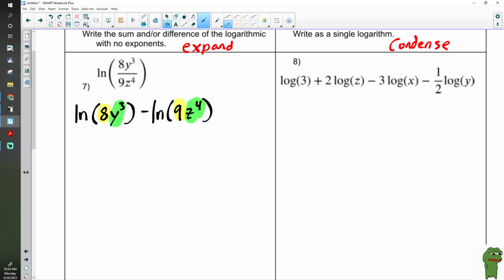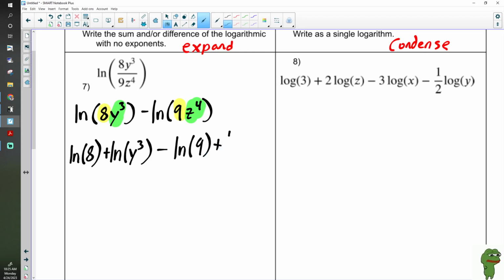When two things are being multiplied, do we add or subtract? Add. So the ln of 8 plus the ln of y to the third. Our minus is still there. Same exact thing. The second one's going to split: ln of 9 plus, because it's multiplication, ln of z to the 4.